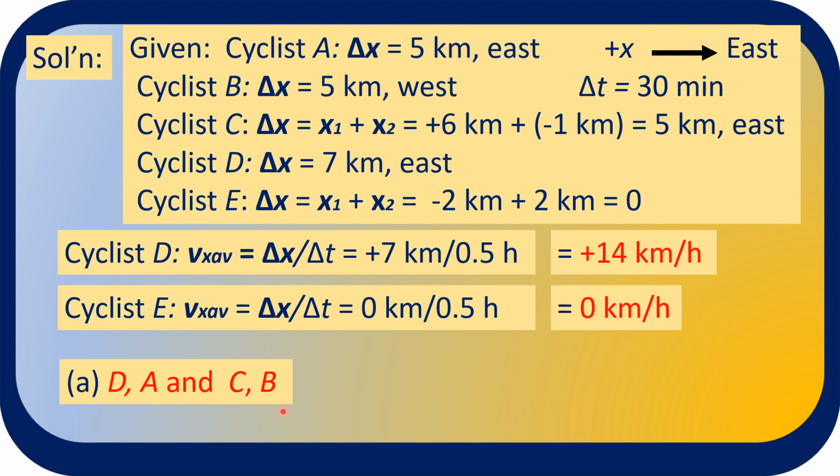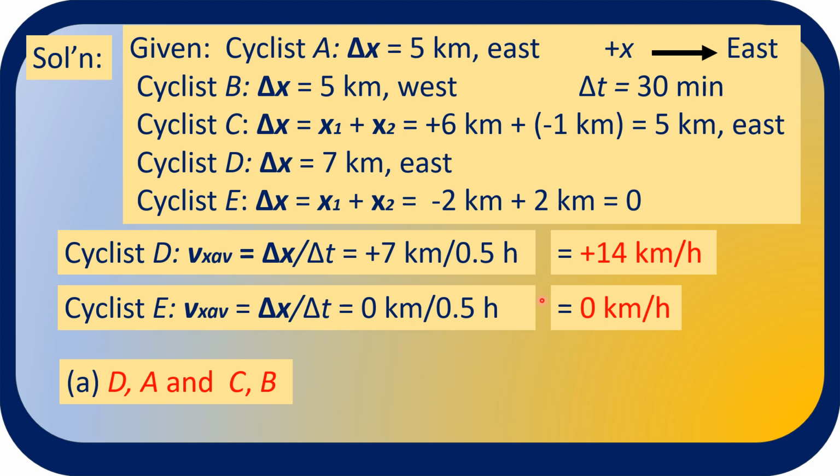So we say that the average x velocity for cyclist D is the most positive, equal to positive 14 kilometers per hour. That of cyclist A is the same as cyclist C, equal to positive 10 kilometers per hour.